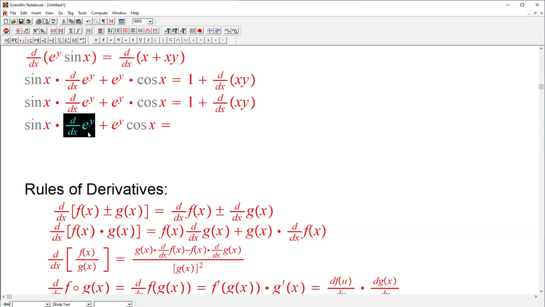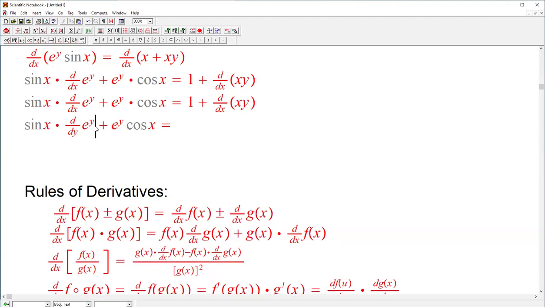And here, we're going to apply the chain rule. So we're going to have e to the power y multiplied by dy/dx. Let me write it down this way so we can see better. Differentiating e to the power y with respect to x, according to the chain rule, we can change it to the derivative of e to the power y with respect to y, times dy/dx.